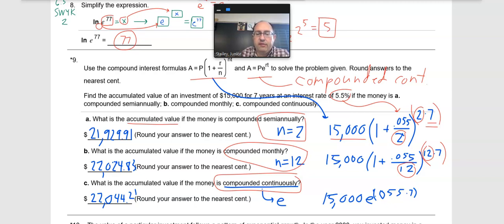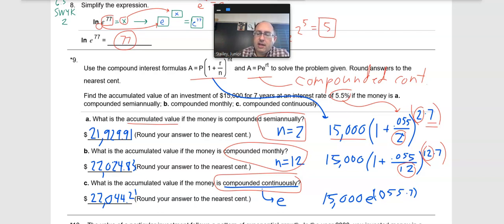this one has the phrase compounded continuously. That means that you're getting these little tiny pieces of interest, but you're getting them all the time. So much so that it's continuously building interest. Now, that is the absolute fastest way to grow your money.